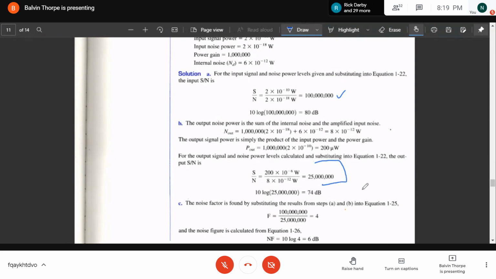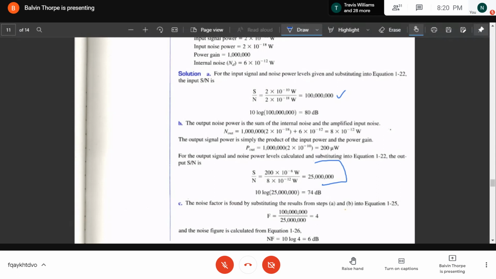And that gives you 25 million as a power ratio. That would then be converted to decibels by taking 10 log 25 million, which gives you 74 dB.